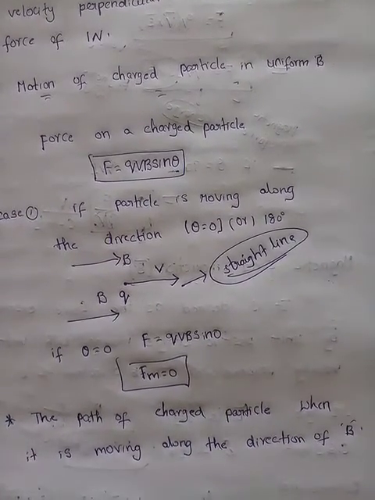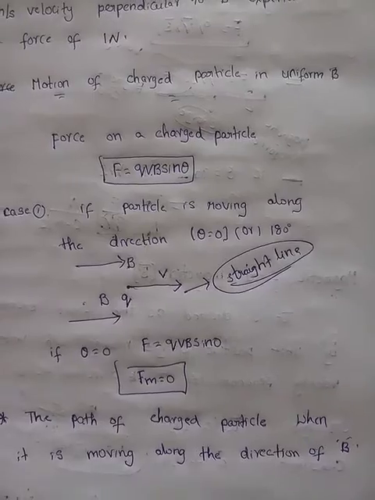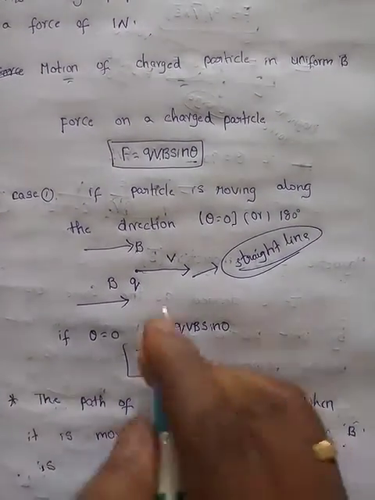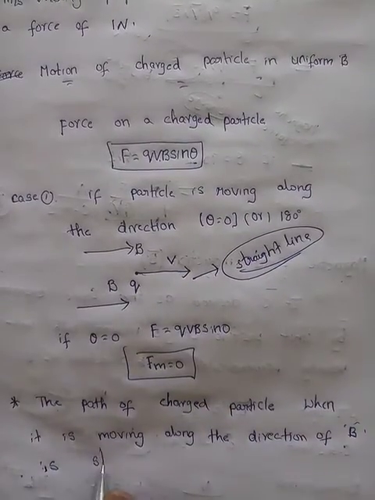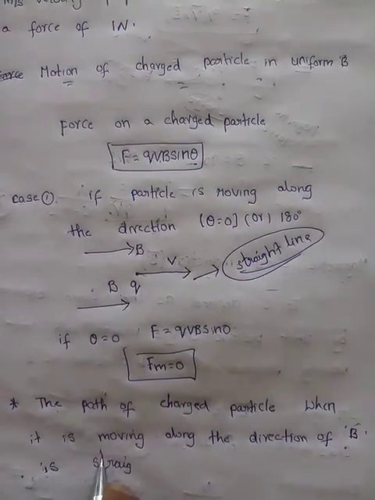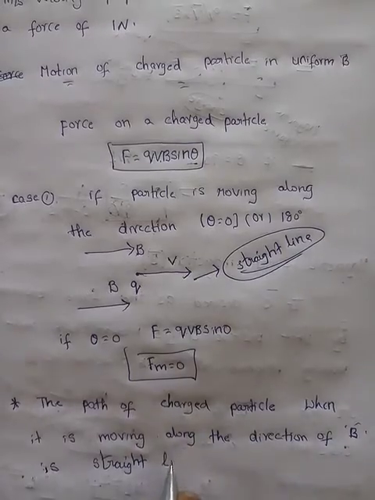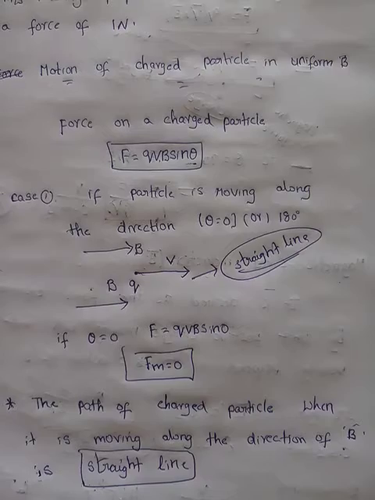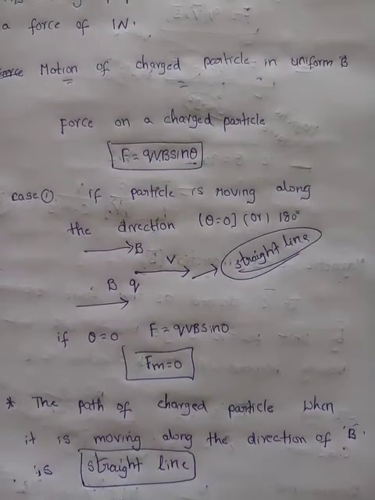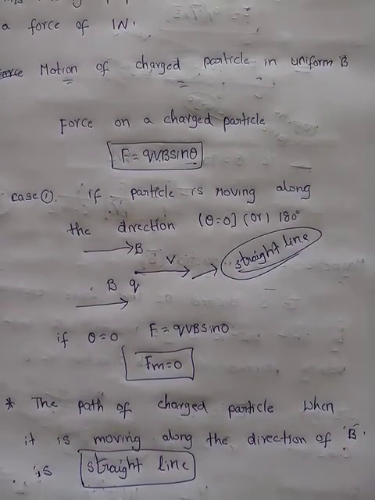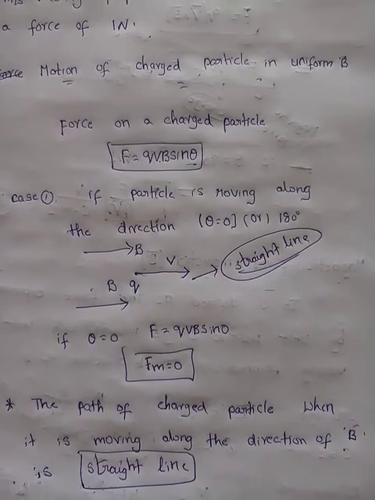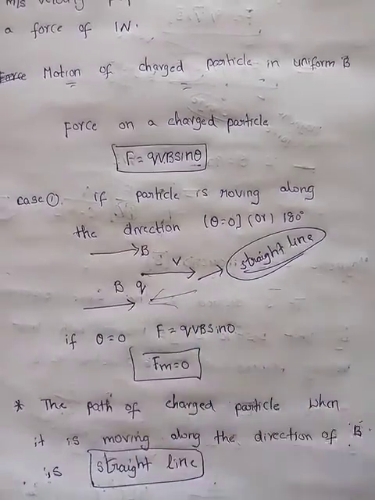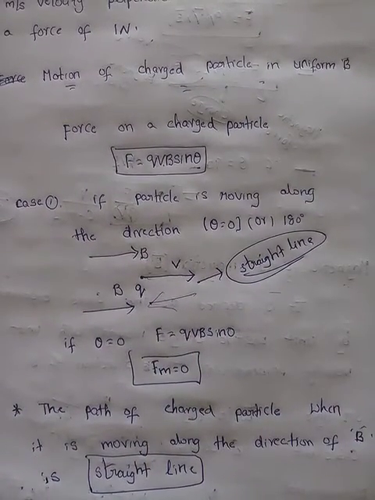When a particle is moving along the direction of the magnetic field, its path is what? Can it deviate? No, it moves along a straight line. Very important for a one mark question. So, now we learnt what is the path of the charged particle when it is moving along the direction of the magnetic field or anti-parallel to it. If the magnetic field is applied at 180 degrees also, theta is 0.